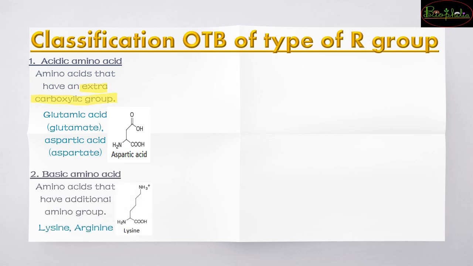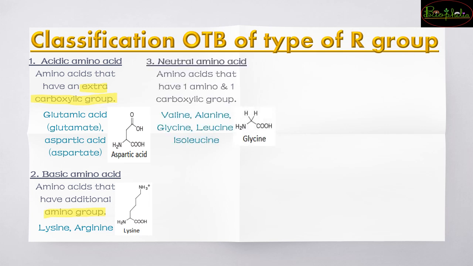Second is the basic amino acid. Removing the hydrogen, instead of an acid group we added one more amino group, so that will give you an additional basic group. So that becomes a basic amino acid, for example lysine and arginine. The third form can be neutral, where after removing the hydrogen we neither added an extra acid group nor an additional basic group, and kept it as it was. So in that case it will be a neutral amino acid, with one amino group and one carboxylic group. So 1 plus 1 minus will be equal to 0. So it is neutral.